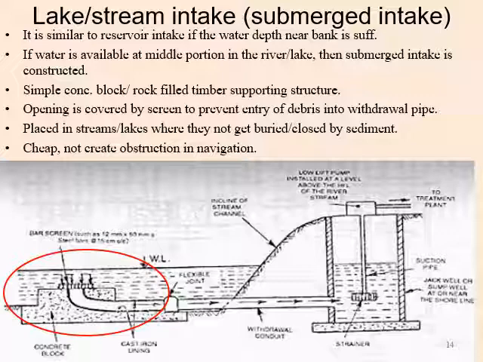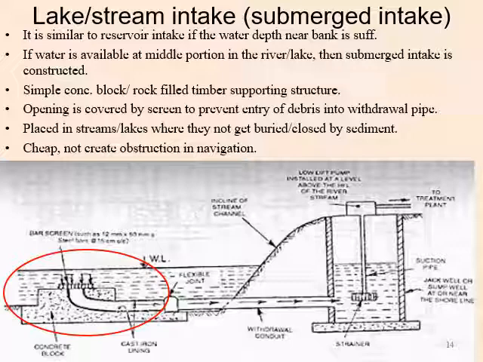It is placed in streams or lakes where it does not get buried or closed by sedimentation. Silt sedimentation is a problem in the middle portion of the source, so we have to decide carefully where the structure should be constructed.